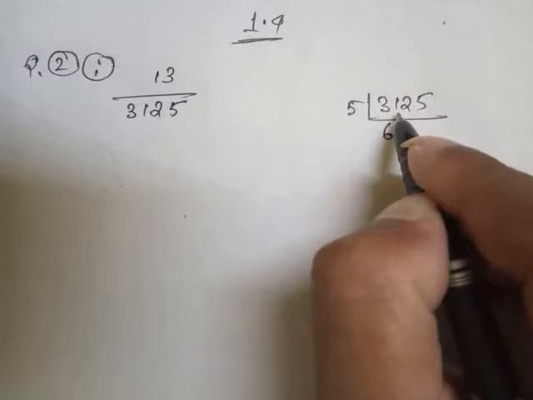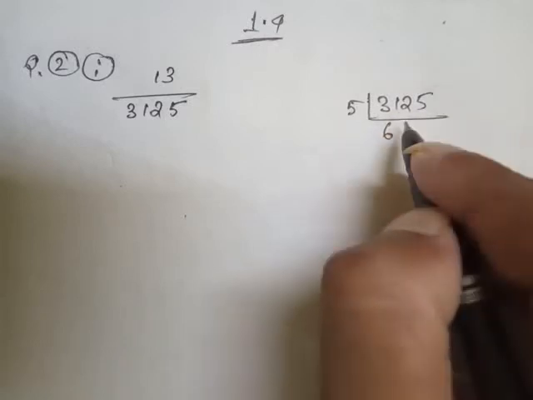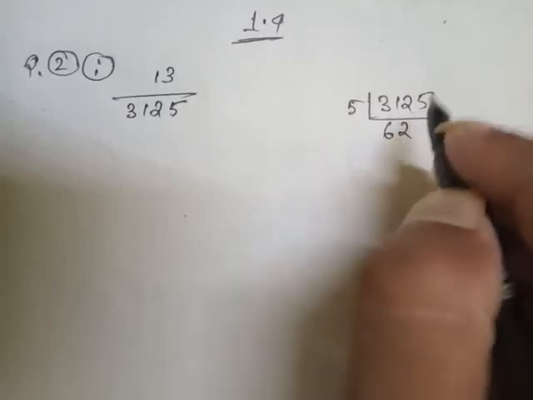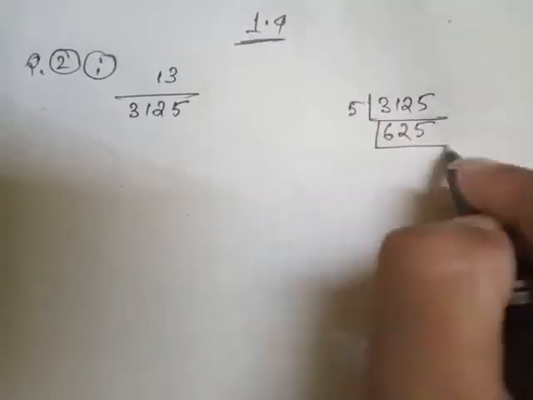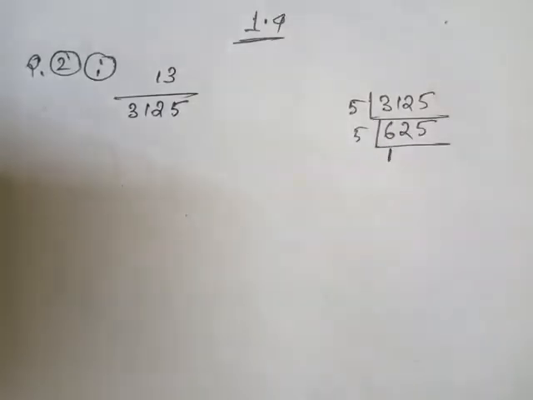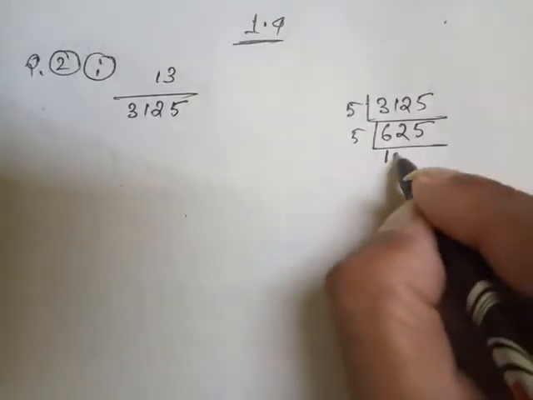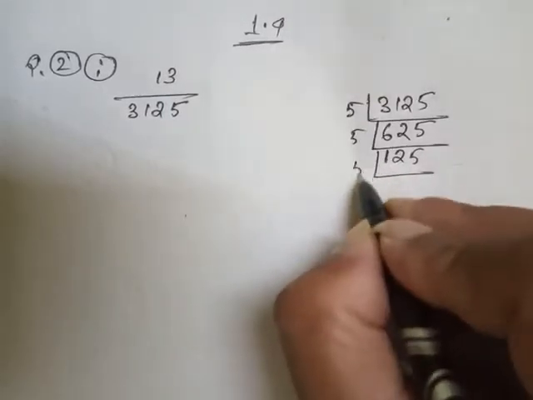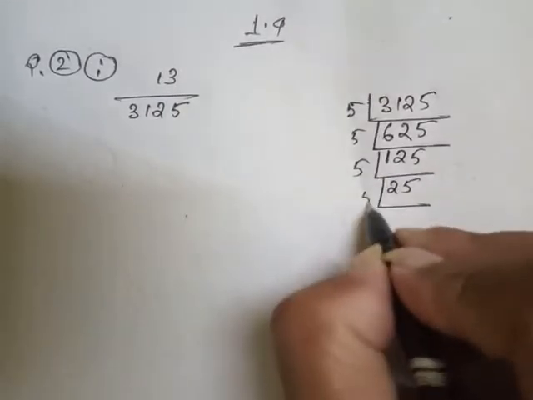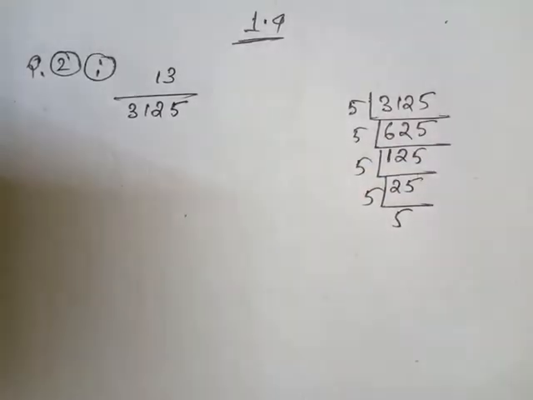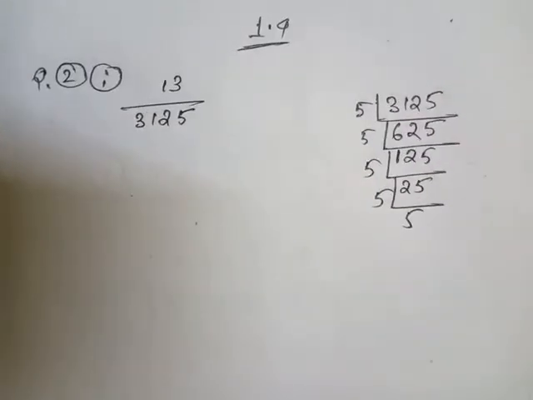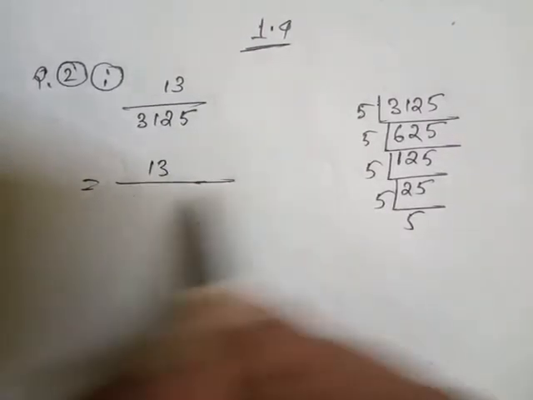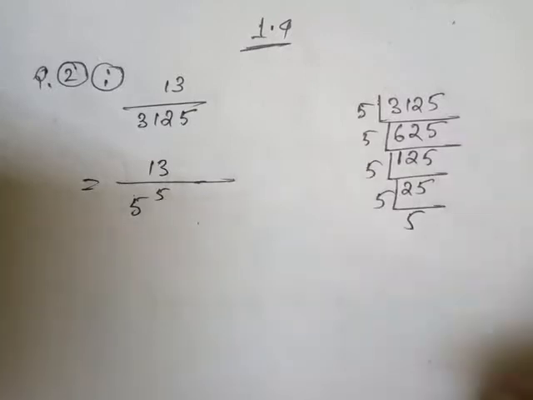If there is 125, 5 2s are 10, then 5 again. 5 5s are 25, so 5 appears 5 times. So here we can write 13 by 5 to the power 5.